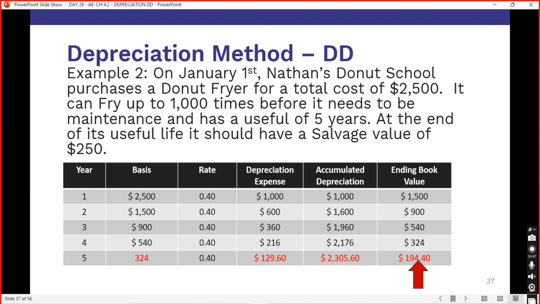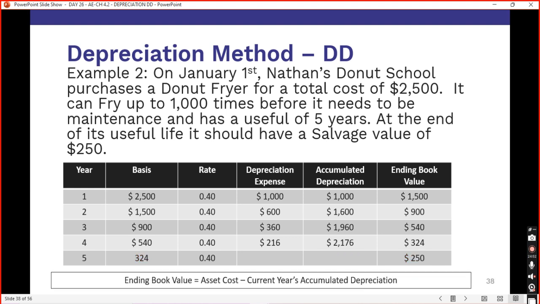So therefore, how do I go back, recalculate, and make those changes? Well, if we know for a fact that your book value has to be ending in 250 at the end of its 5th year, right? We can always use working backwards to determine how we can be able to solve.